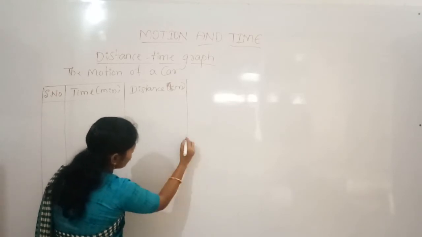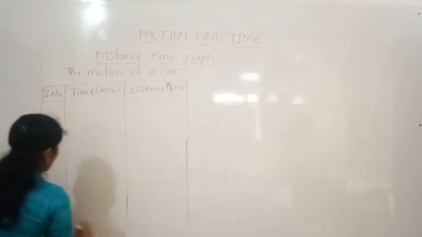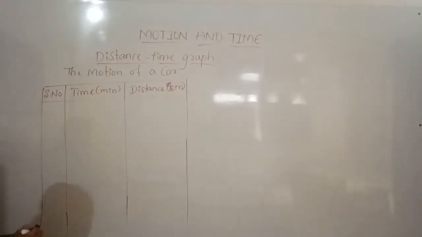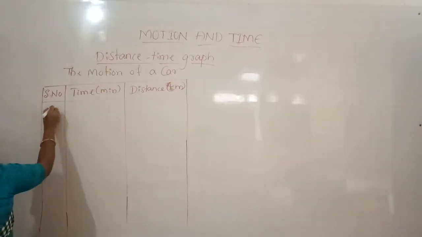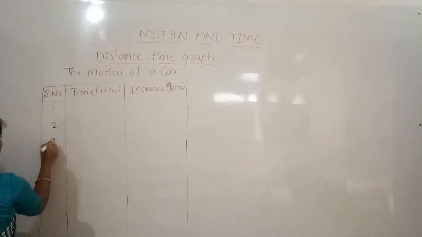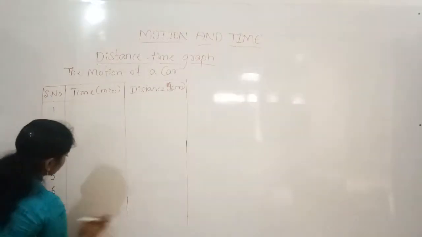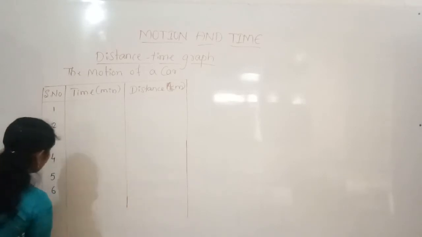So here we have to plot the distance time graph, right? So the first value that they have given here. Totally there are 6 readings: 1, 2, 3, 4, 5, 6. So 6 readings are given here.